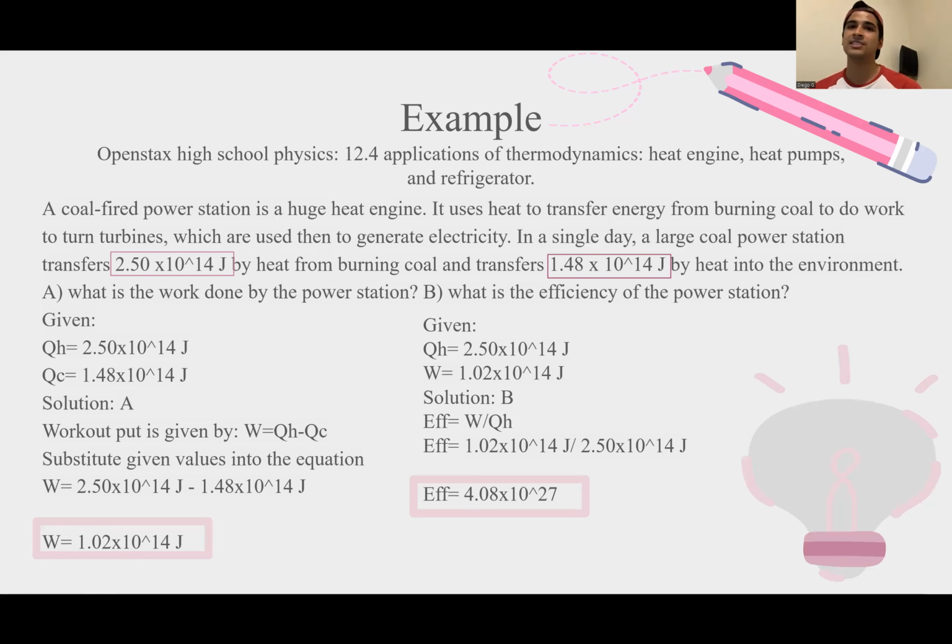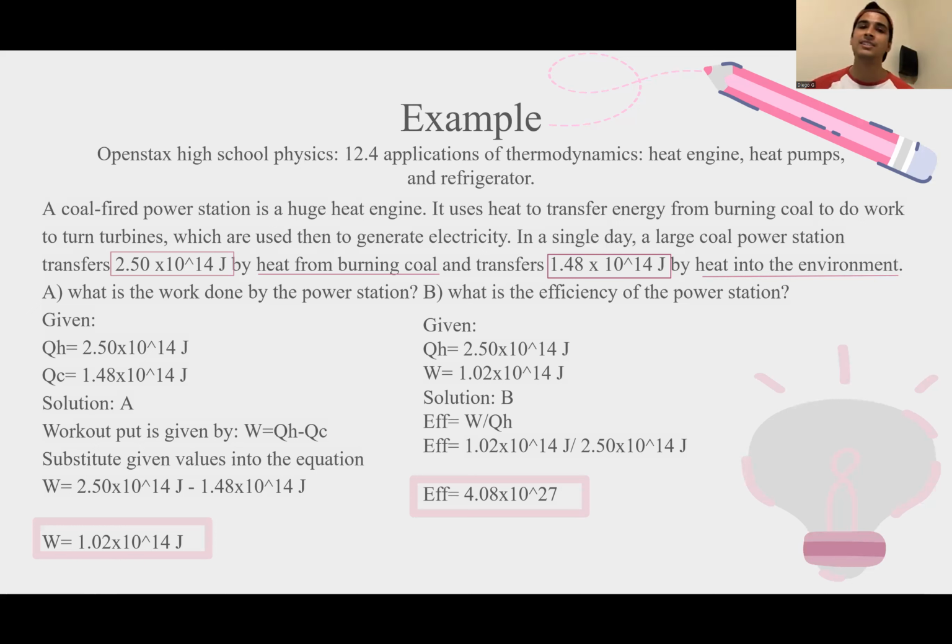All you would need to do is identify your heat transfer out of the hot reservoir and the heat transfer into the cold reservoir. As we can see, the heat from burning coal is your transfer out of the hot reservoir, so that QH is going to be 2.5. And then the transfer of heat into the cold reservoir, which is explained as heat into the environment, is going to be our 1.48.